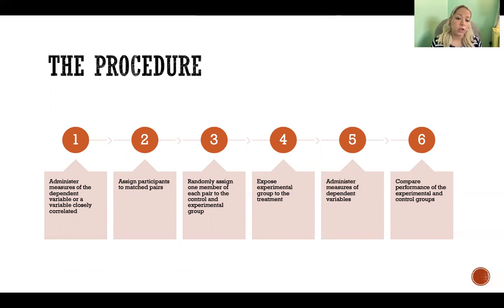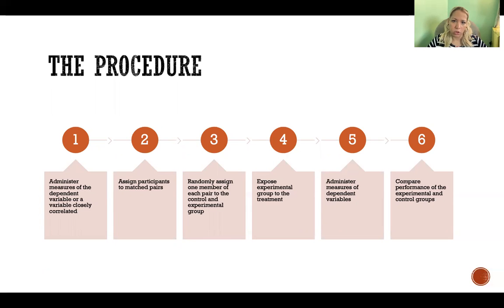So whatever it is that you're studying, there might be certain things that are relevant and others that really aren't. So you might be matching based on gender and age, or based on level of education, or fluency in a language, or whatever it might be, whatever is relevant to what you are studying. So you are matching your participants, and then one out of each pair will go into the control group and the other will go into the experimental treatment group.